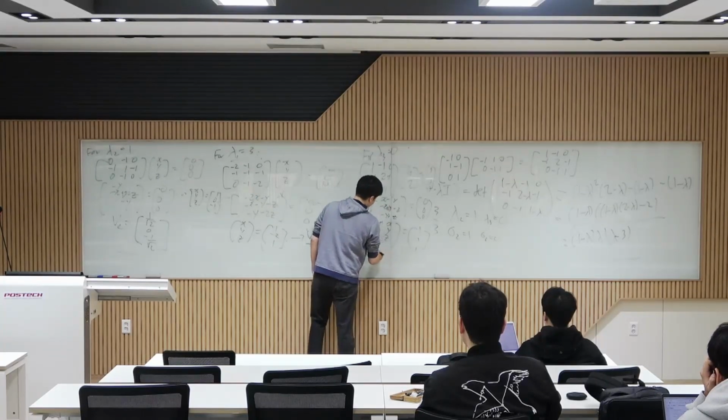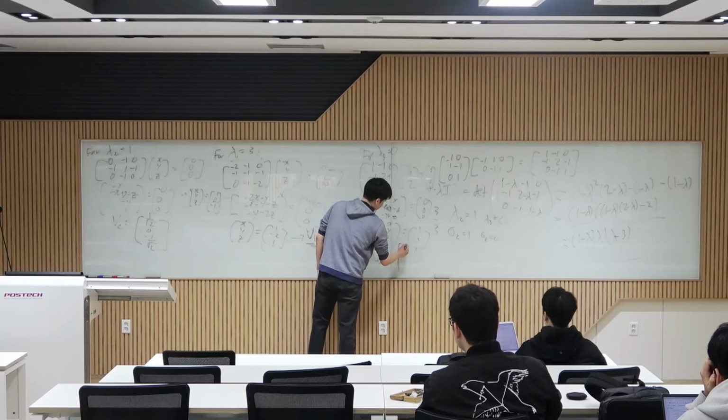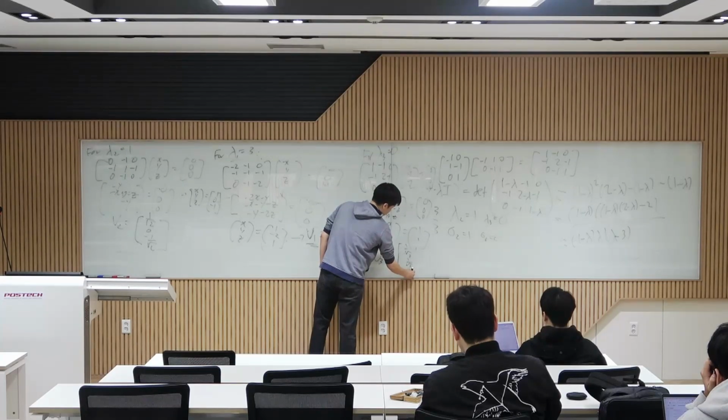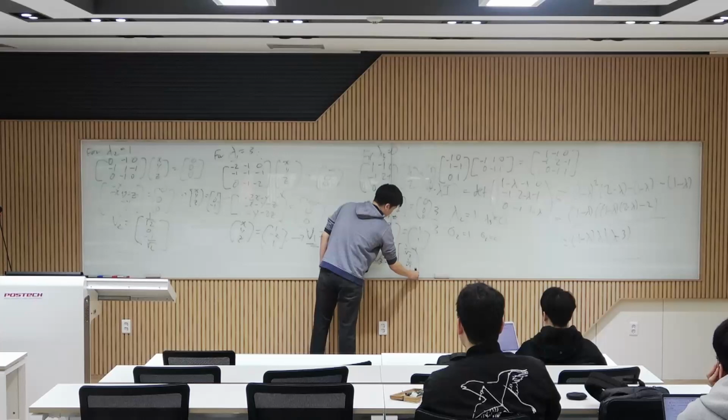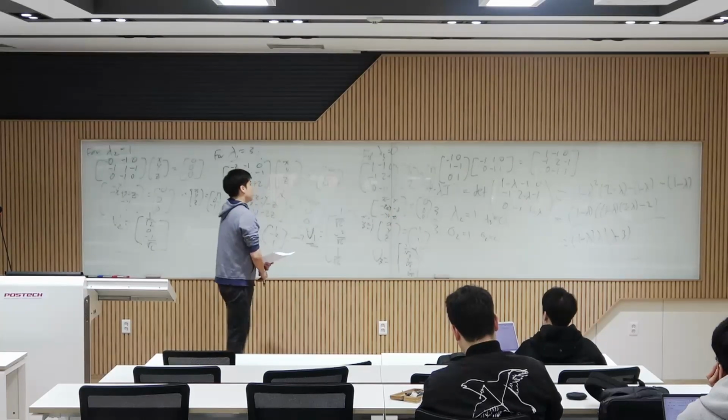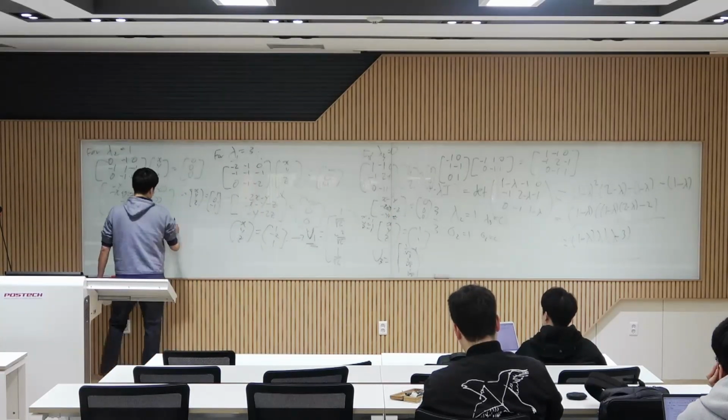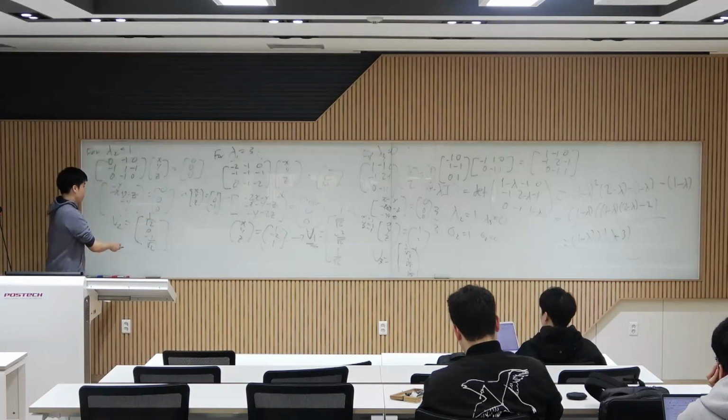So V3 will be 1 over root 3 times the vector. Now we have all three eigenvectors, V1, V2, and V3.